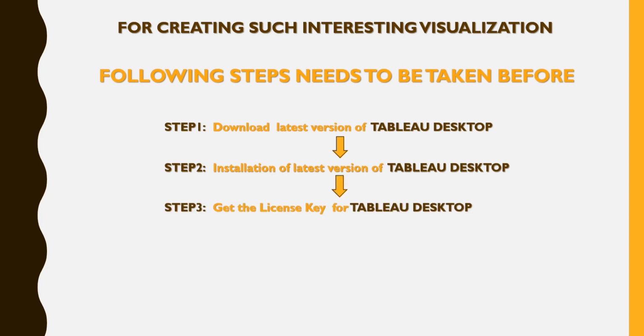Then you need to enter the license key of the Tableau Desktop, filling this license key in the software. To complete each step, how to download the latest version, how to install it, and how to insert the key in the desktop software, where these options are to activate it, all these things we'll be going to see in this video.